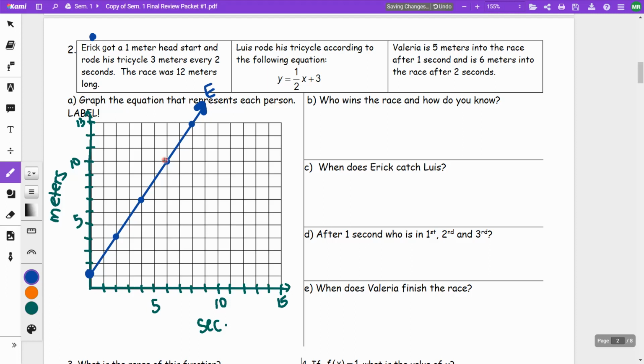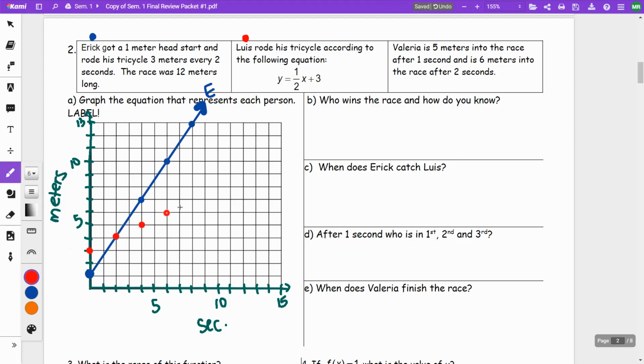The next one, let's say I do it in red. So that's going to be Luis. Now for Luis, Luis has an equation. The y-intercept is 3. So we're going to start up at 1, 2, 3. He has a head start at 3. And then we're going to be going up 1 over 2. So they actually meet here, up 1 over 2, up 1 over 2.